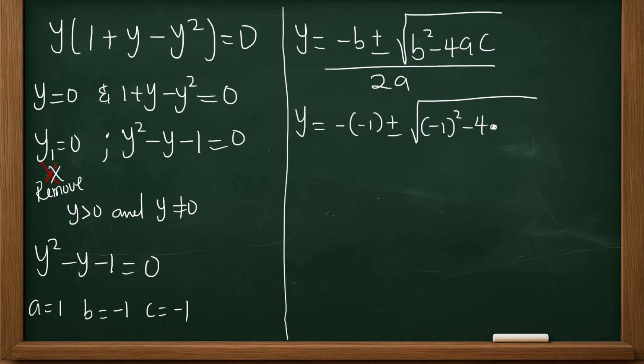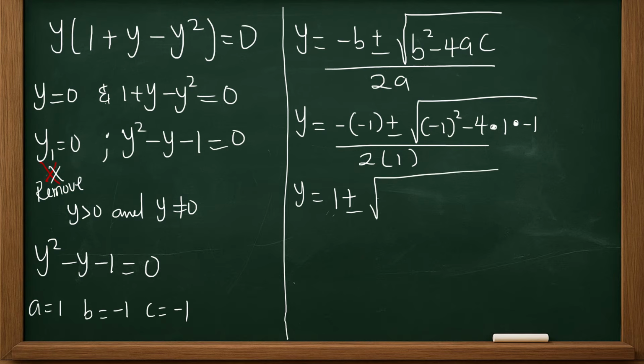My a is 1 and c is negative 1. Everything divided by 2 times a, which is 1. So here, y is going to be negative multiplied by negative, which is 1, plus or minus the square root of negative 1 squared, which is 1. Negative times negative is going to be plus 4, over 2.